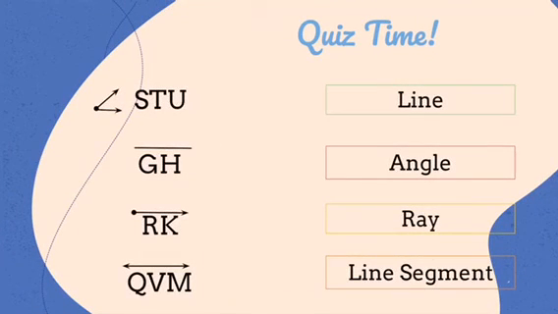So here, I have a quiz for you guys. Try to recall what each of the symbols mean. So we'll start with this one. This is an angle because it has the angle sign right next to it.